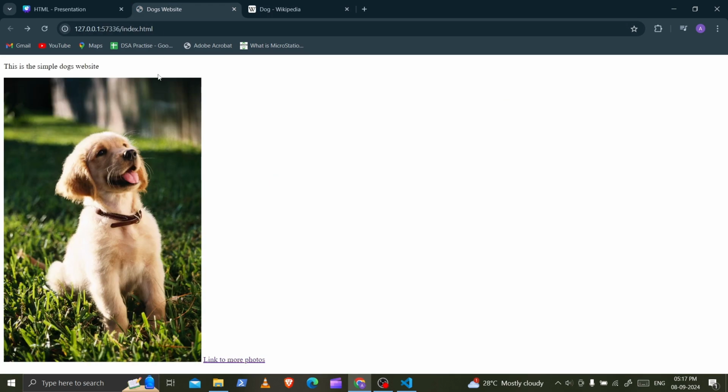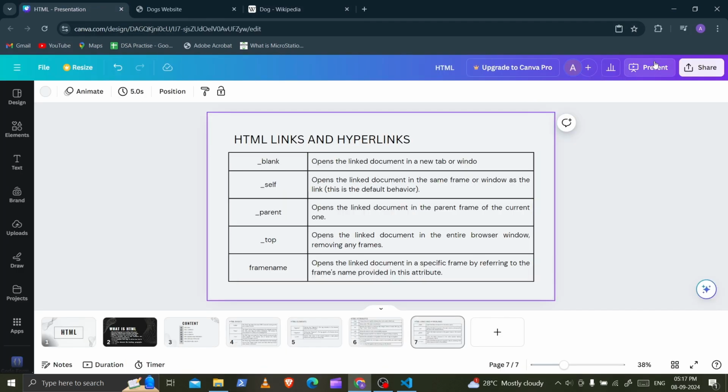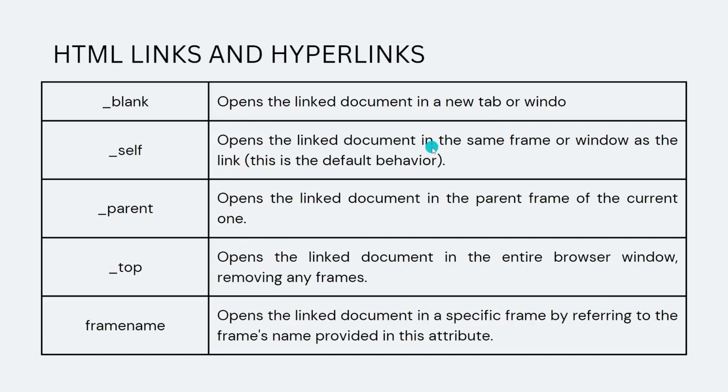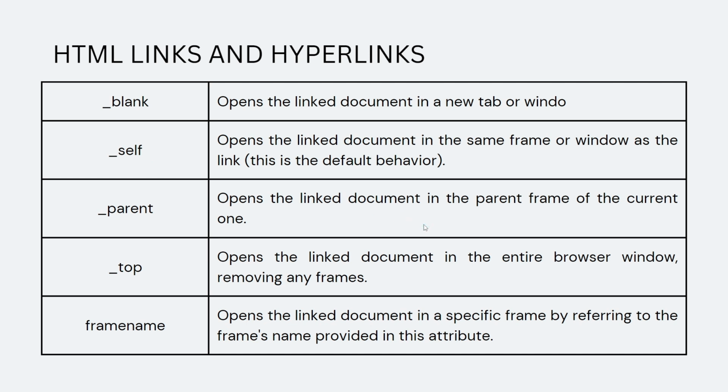This page will be preserved, and a new page will be opened. In this way, self is nothing but it opens in the same frame or window, and you can search the last three. They are quite similar to self, but it opens in the form of parent, or it takes the entire browser window or something like that.